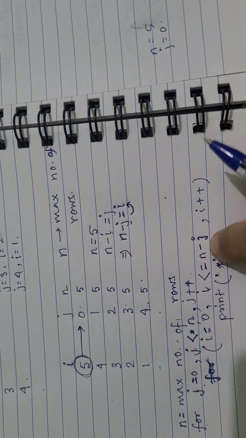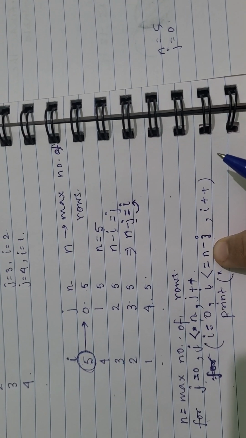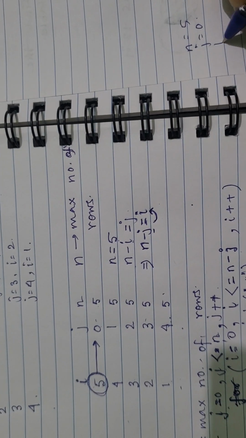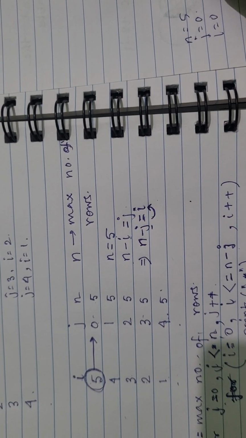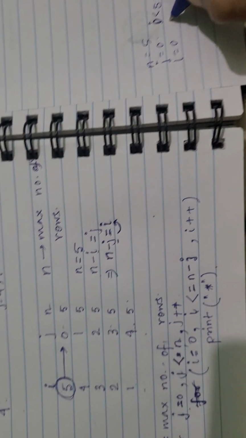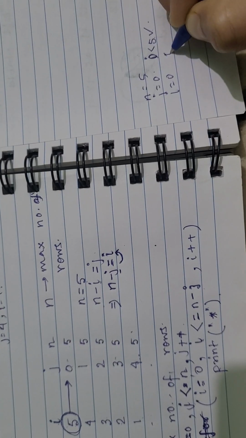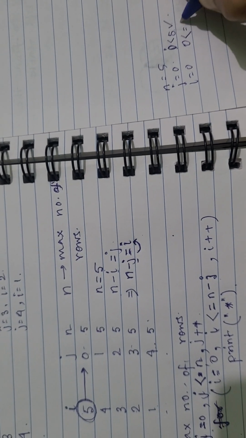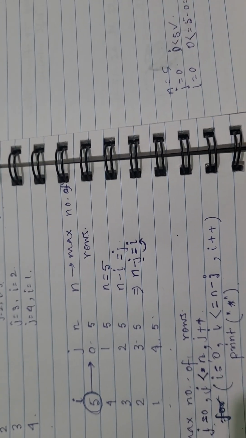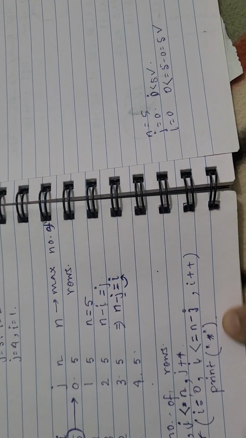The value of i is 0, n is 5 minus 0, that is 5, so 0 is less than or equal to 5, which is also right. So this statement will get executed and this star will get printed.